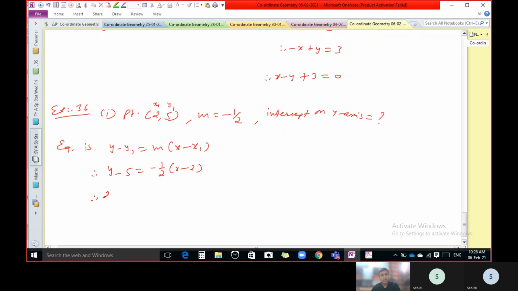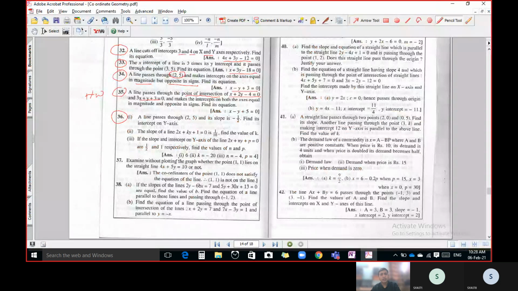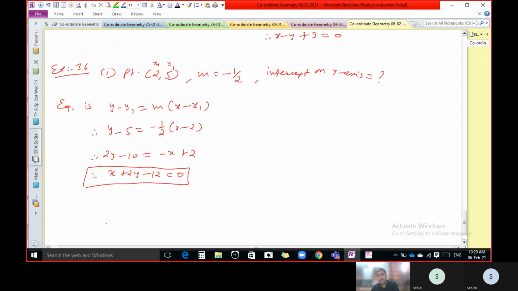Once again, 2y minus 10 equal to minus x plus 2. So take this minus x and 2 to the other side. Finally x plus 2y minus 12 equal to 0. This is the equation. Now we want the intercept on the y axis, so take x equal to 0.